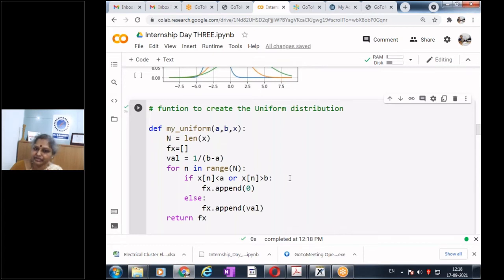Then, like earlier, we will call the uniform distribution for different values. Please try this. This is a uniform function for n in range. If x is less than a or x is greater than b, then we append 0, else we append the value.